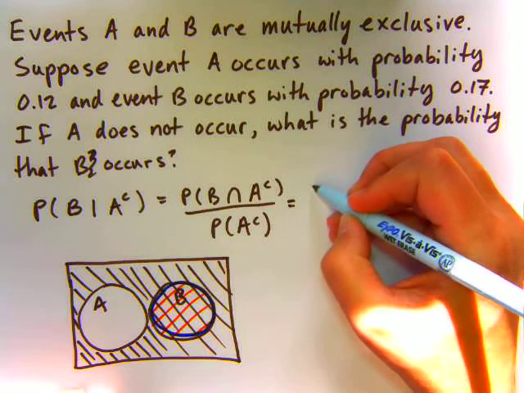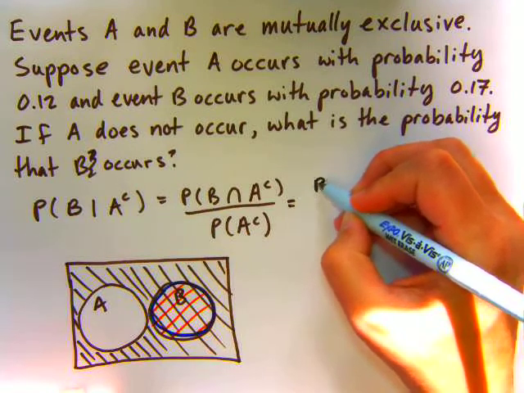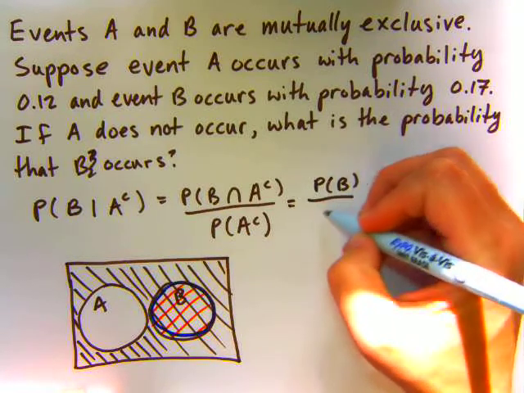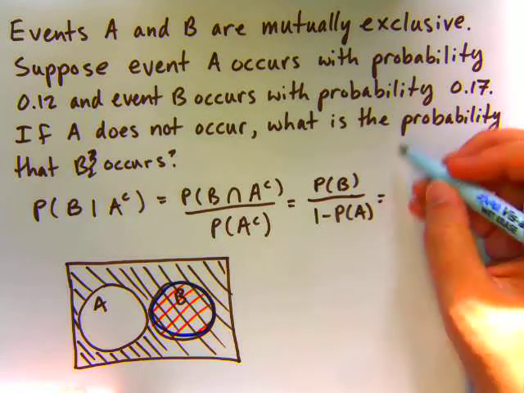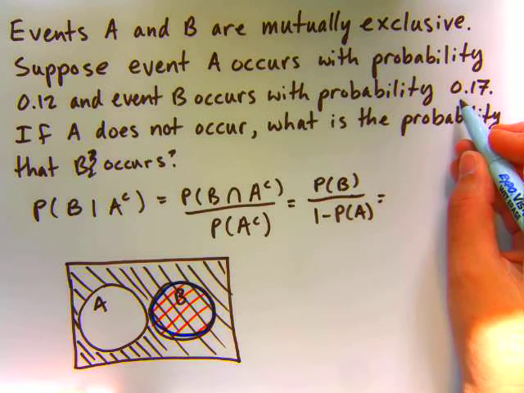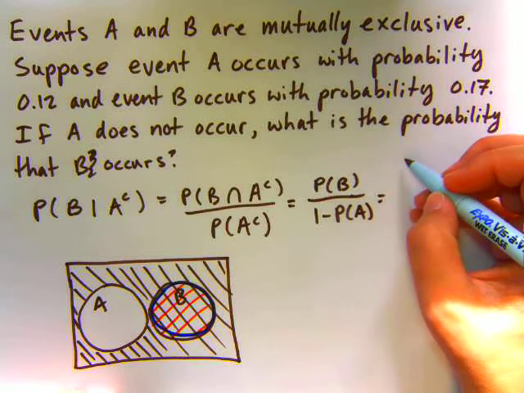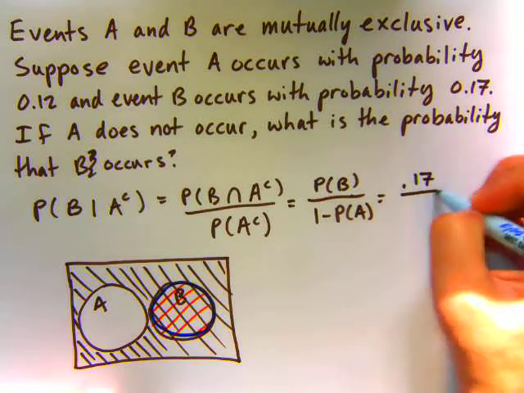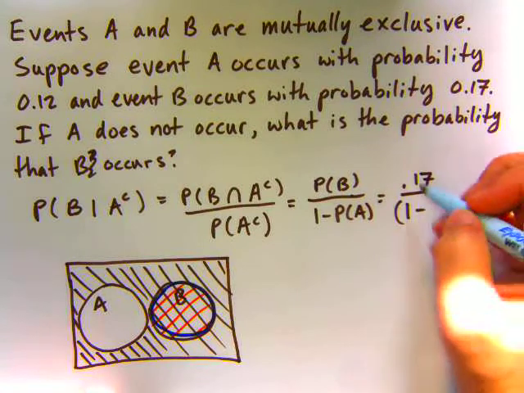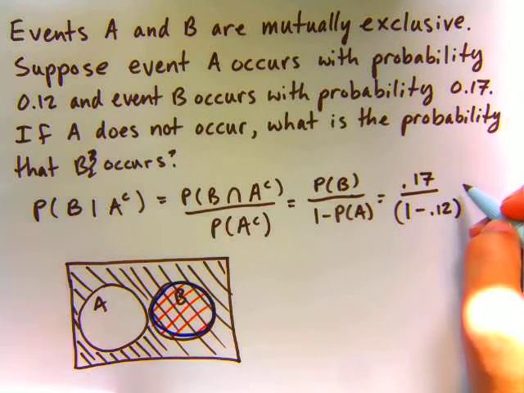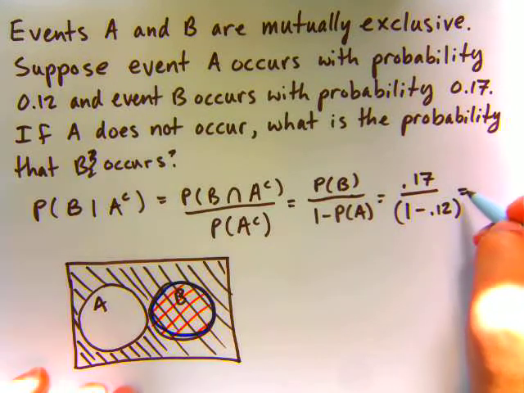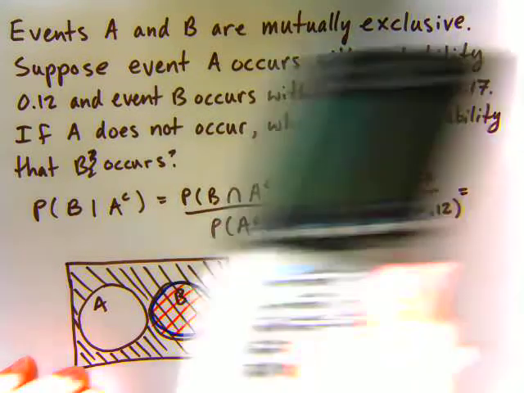So here, the top would just be equal to the probability of B, over 1 minus the probability of A. Our probability of B, I changed the numbers on this particular example, would be equal to 0.17. And then we have 1 minus the probability of A, which is 0.12.